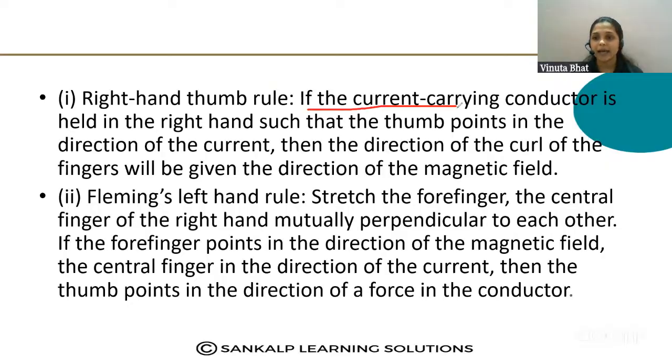If the current carrying conductor is held in the right hand, as we already know, the thumb points in the direction of the current, and the curl of the remaining fingers represents the direction of the magnetic field.